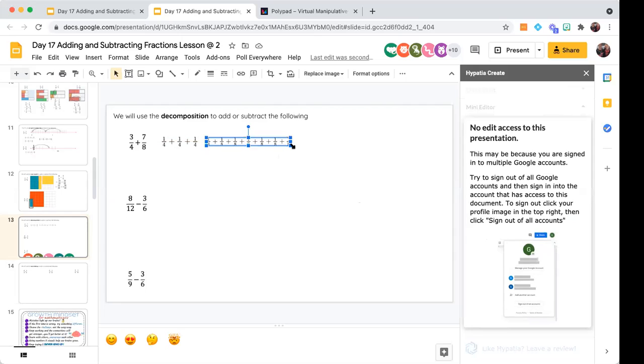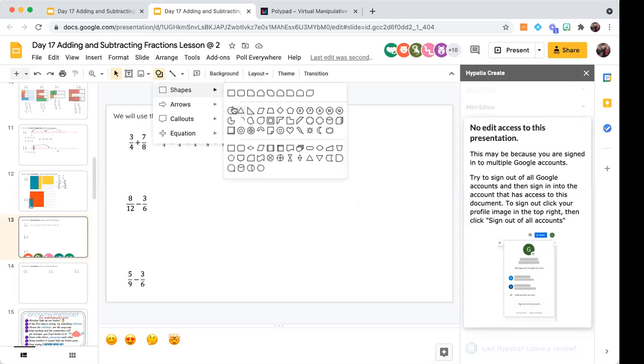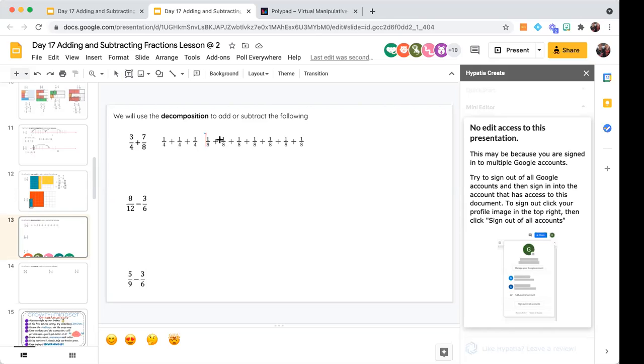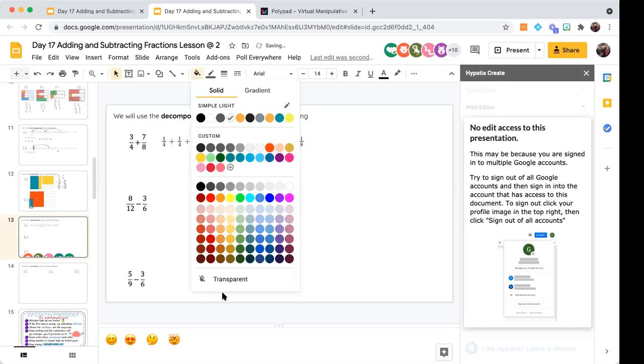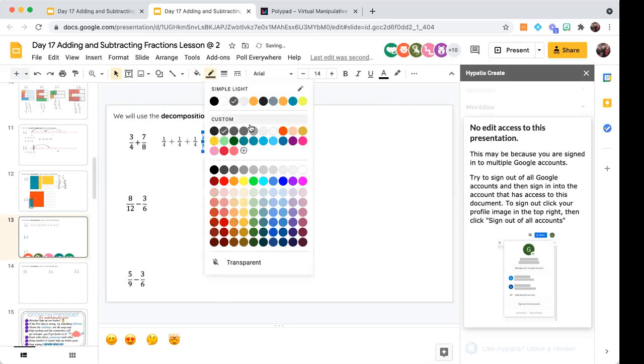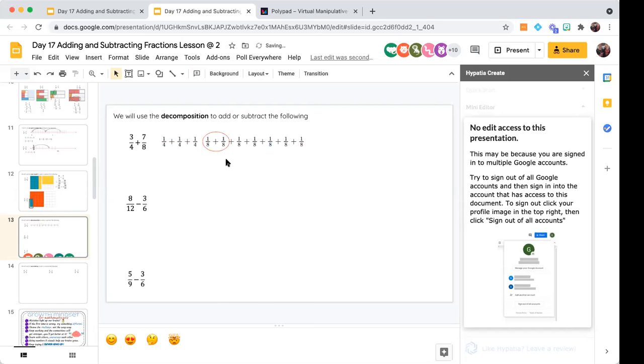Noticing that with 1/8 plus 1/8, I know that 1/8 and 1/8 together is 1/4. So thinking in terms of mental math strategies, what I know about fractions, 1/8 and 1/8 is 1/4.